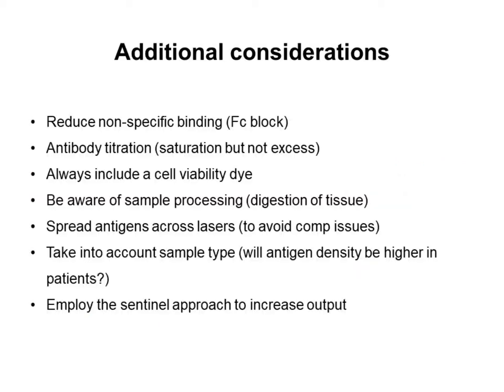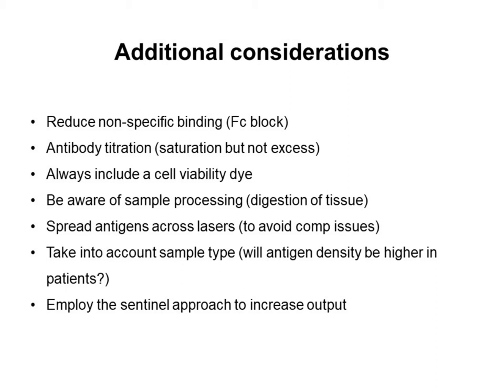There are additional considerations, of course, to improve your flow staining. I won't cover this too much because we know it, and I think it's quite well followed now by the community. Reducing non-specific binding and antibody titration is very important, as is including a cell viability dye.